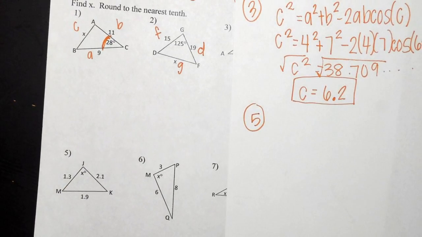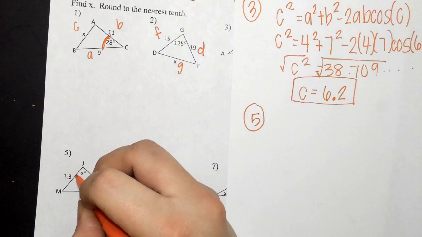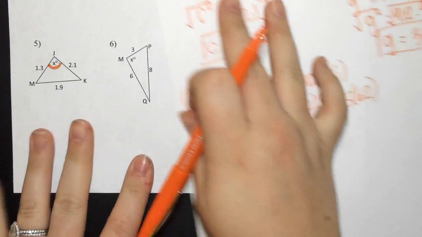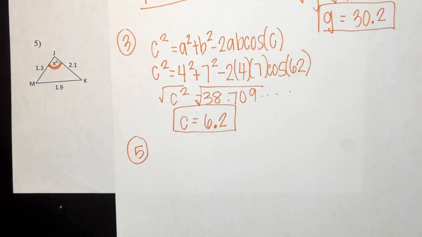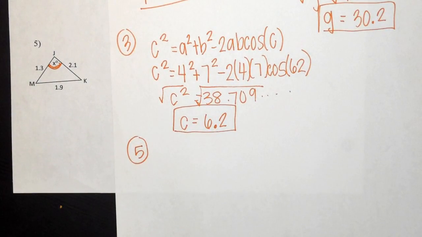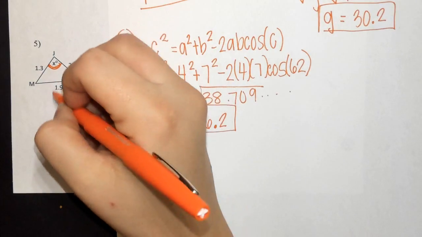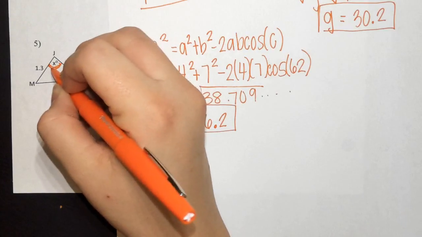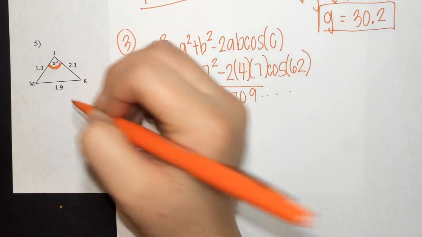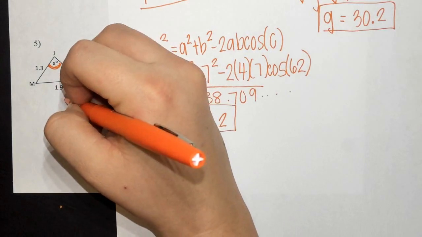Okay? But here's the thing. If this is the angle I'm finding, if I have to find angle J, so that means it's gone on the end, right? If I have to end with J, what do I have to begin with? J. So that means if this is angle J, then 1.9 is what side?